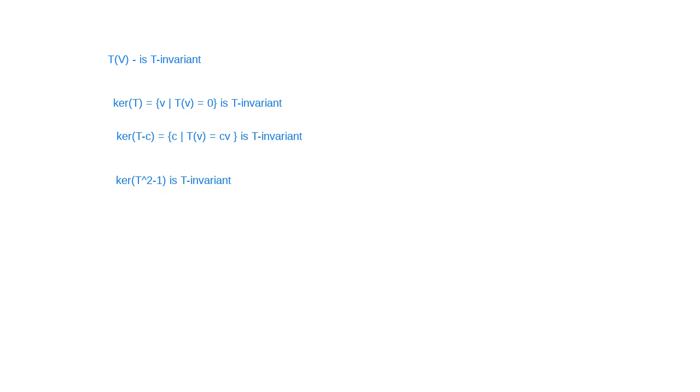Okay. So let's prove that T of V is T invariant. Let's say that U is T of V. Well, then what's T of U? Well, it's just T of V. And since T of V is contained in V, T of U is contained in T of V. In particular, T of U is a subset of U, so U is T invariant.